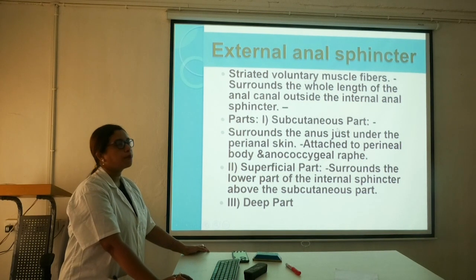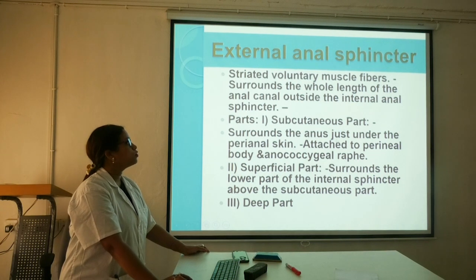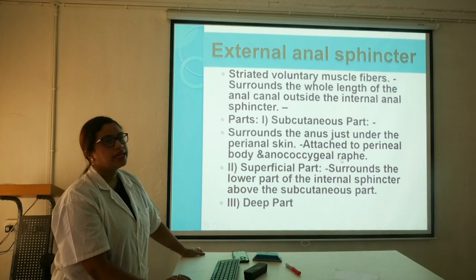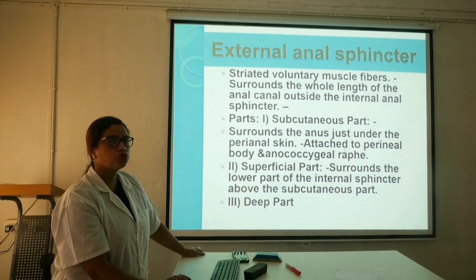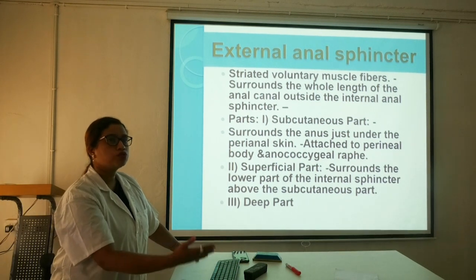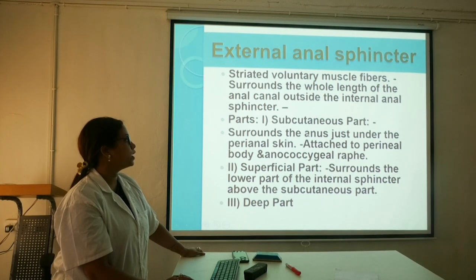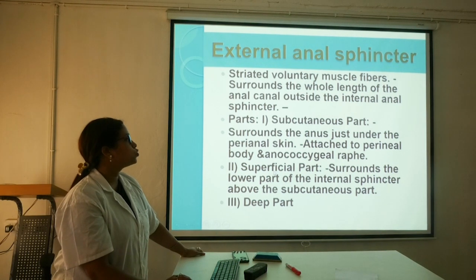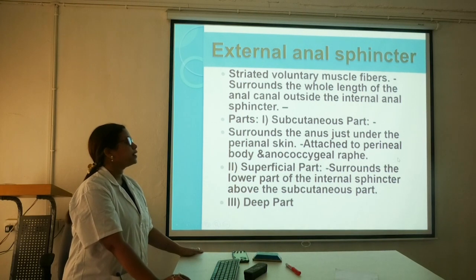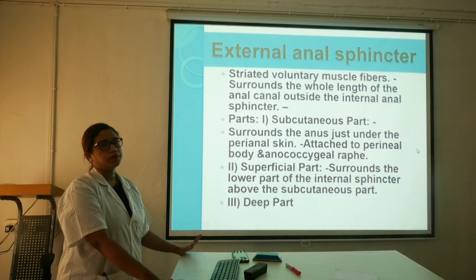Number one is the subcutaneous part. It surrounds the anus just under the perianal skin and is attached to the perineal body and anococcygeal ligament. Just now you studied these two things. So this is the most posterior or outermost border. That is the subcutaneous part. Next one is the superficial part. It surrounds the lower part of the internal sphincter above the subcutaneous part.